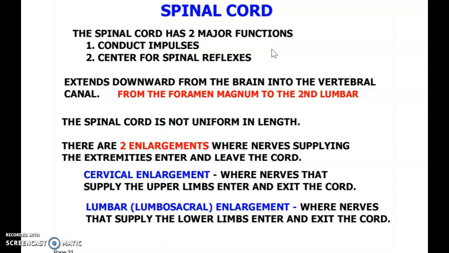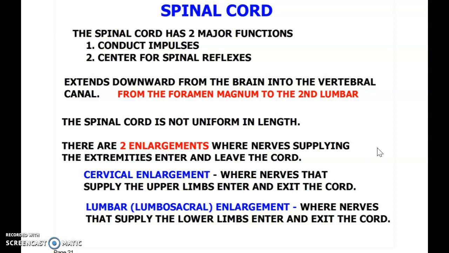But the spinal cord extends downward from the brain into the vertebral canal. So think about that large hole in the base of our skull, the foramen magnum, all the way down to the second lumbar vertebrae. The spinal cord is not uniform in length, and there are enlargements in certain sections. And it kind of makes sense if you think about where we would have a mass of nerves accumulating or an enlargement of nerves, and that would be in the areas where we associate where the extremities are located.